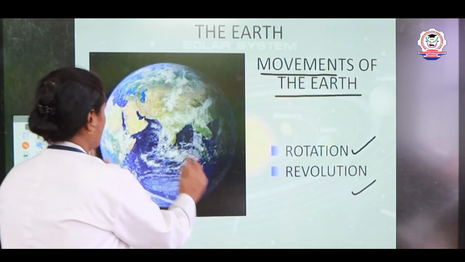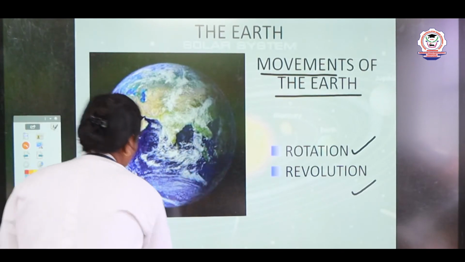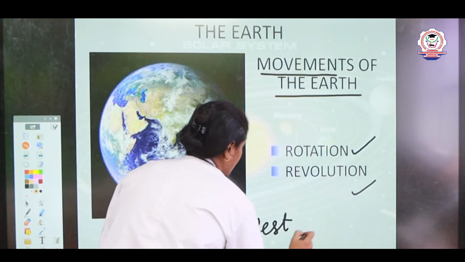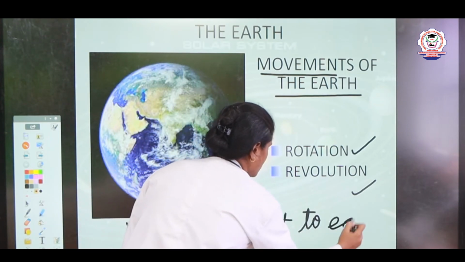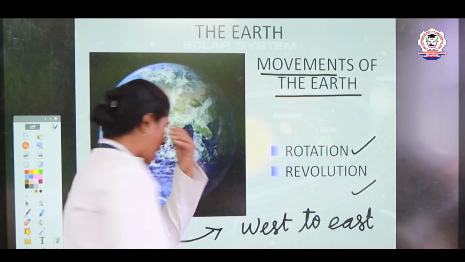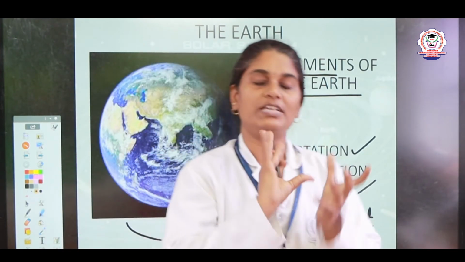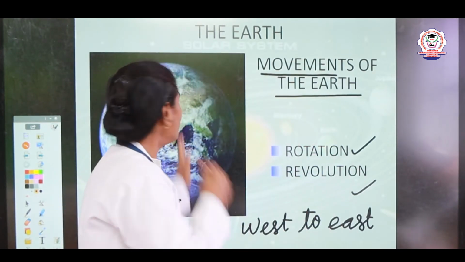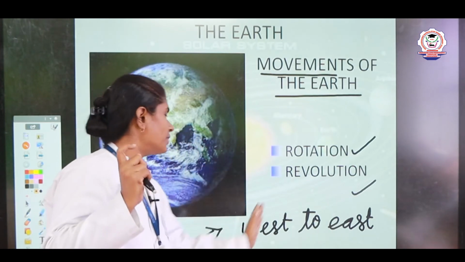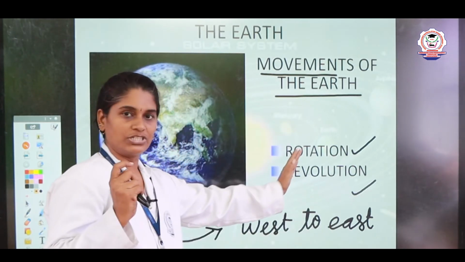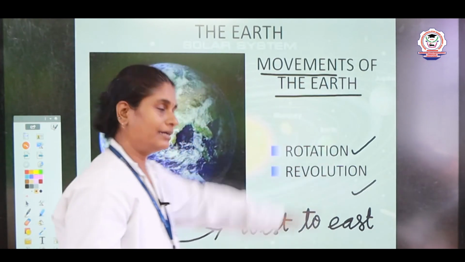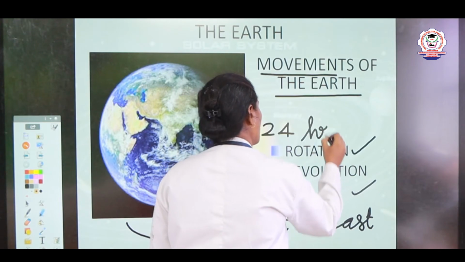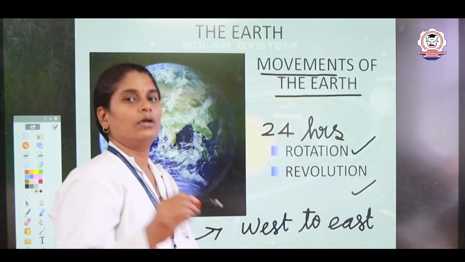In rotation the Earth spins from west to east on its axis. For one rotation, the Earth takes 24 hours, that is 1 day.